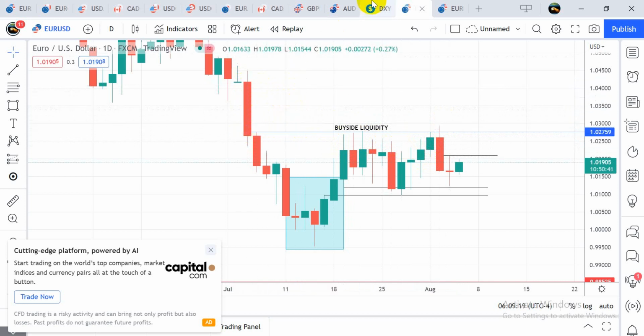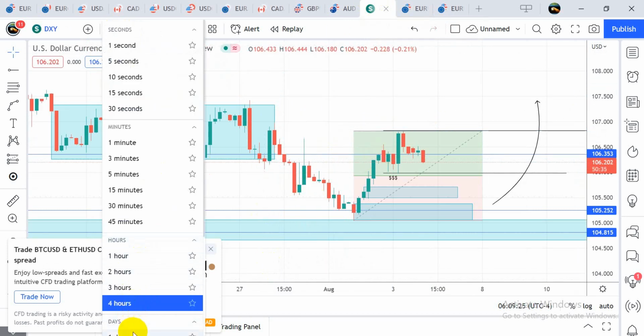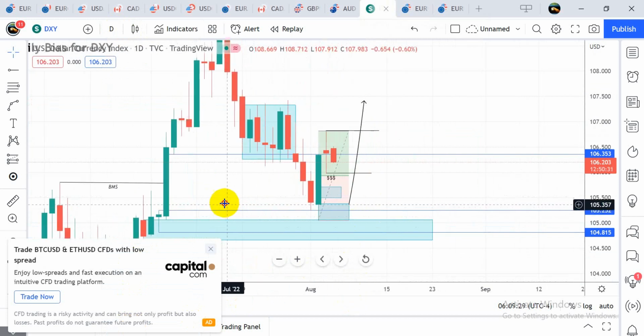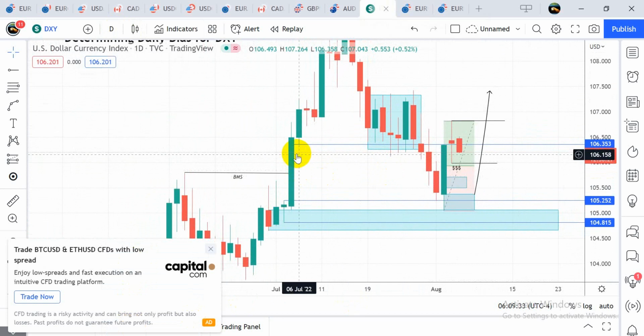But so long as DXY has done what was expected of it, we can say that the fair value gap right there might be left behind, because DXY filled up its own while Euro was stalling.